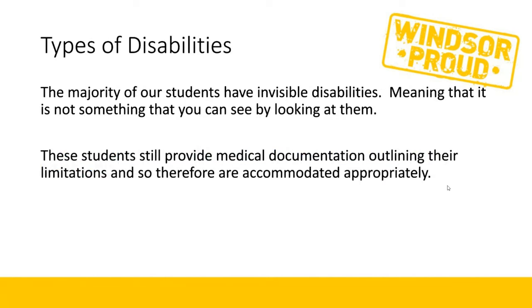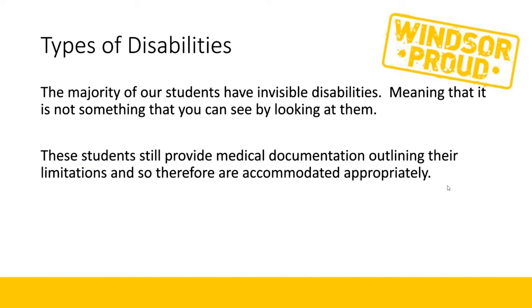So we see students with many different types of disabilities. Nadia and Rami talked about some of those being the invisible disability. We also see students that have visible disabilities. The majority of our students do have invisible disabilities, meaning that it is not something that you can see just by looking at them.